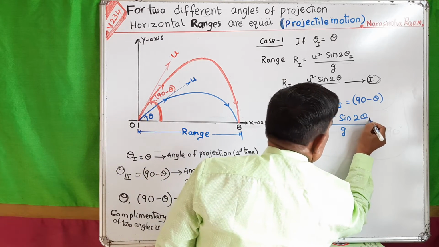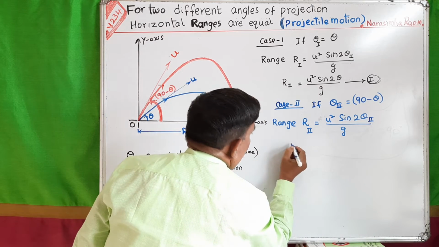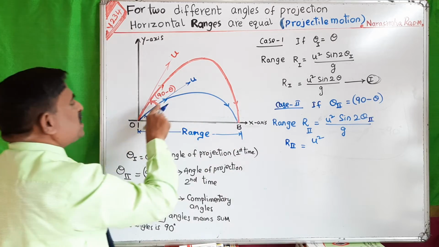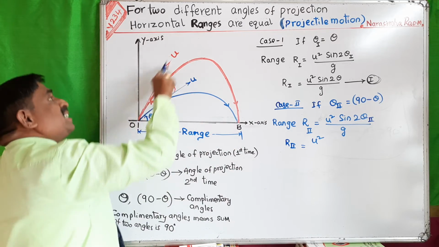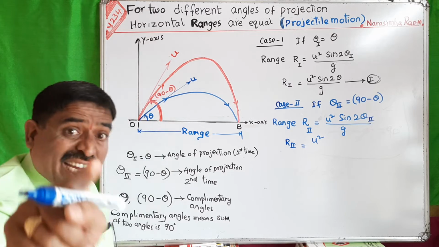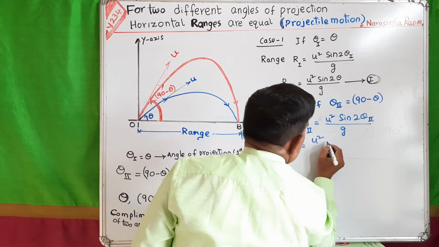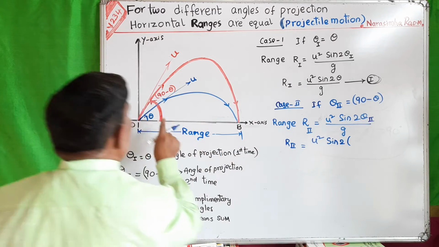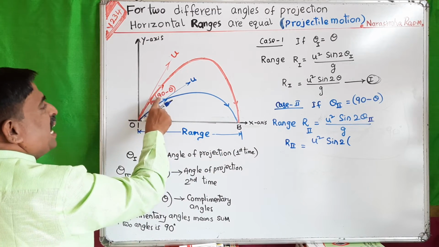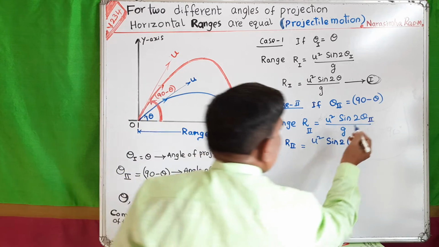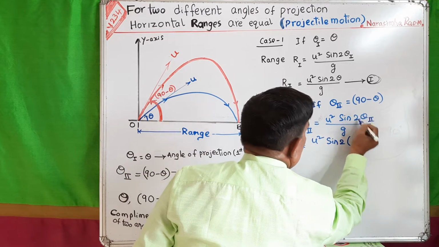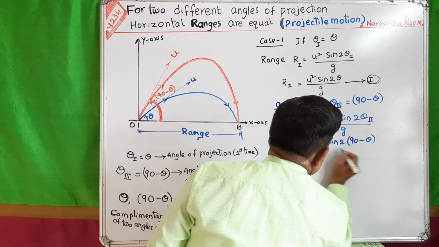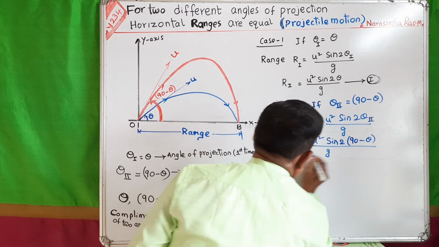Now second time angle theta 2. R2 is equal to u square, same velocity. First time velocity of projection u, second time also velocity of projection is u. u square sine 2 into theta 2, where second time angle of projection is 90 minus theta, divided by g.